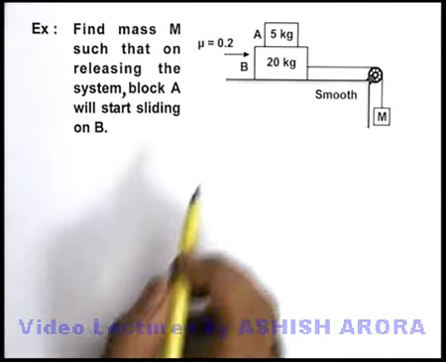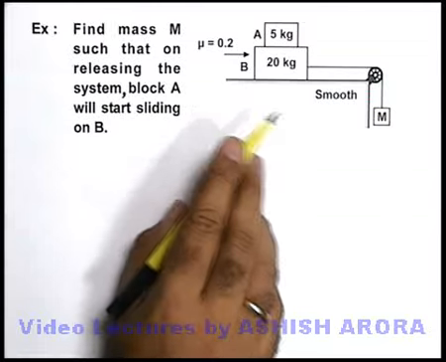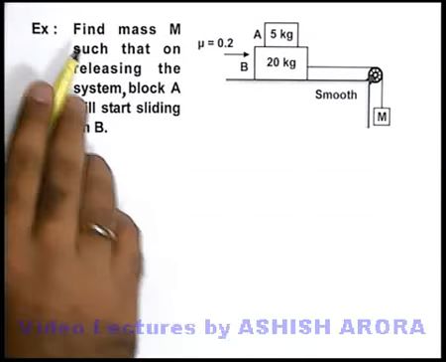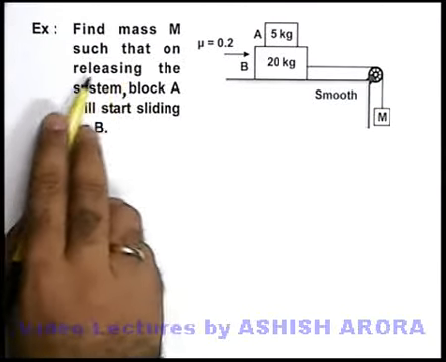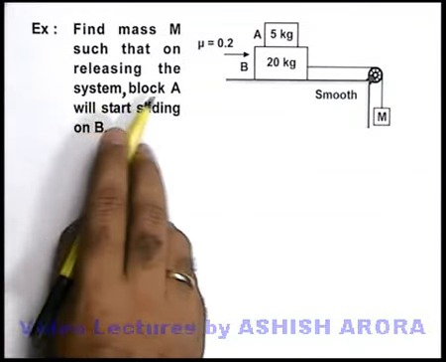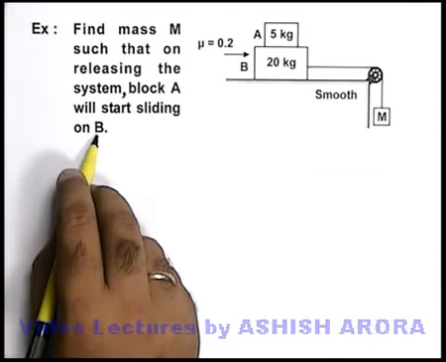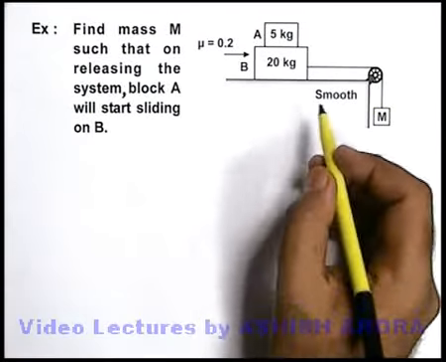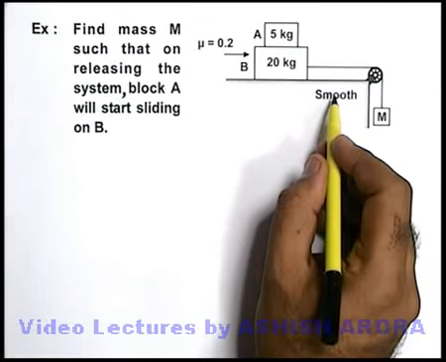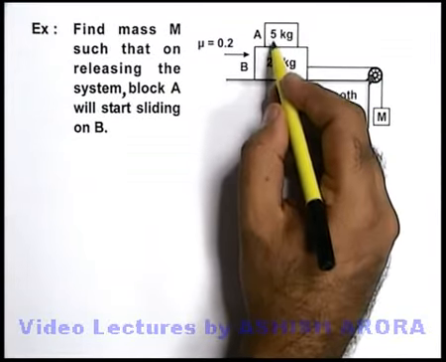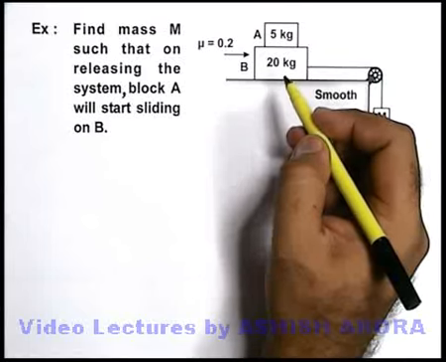In this example, we are given a system of blocks, pulley and a string, and we are required to find the mass m such that on releasing the system, block A will start sliding on B. Here you can see the bottom surface is smooth and the friction coefficient between blocks A and B is 0.2.